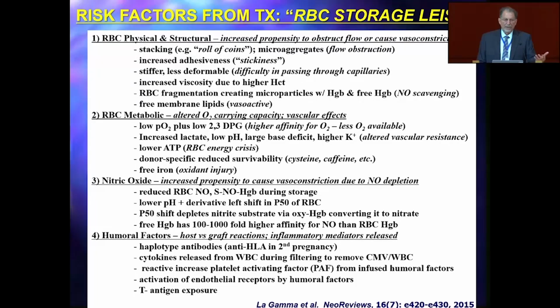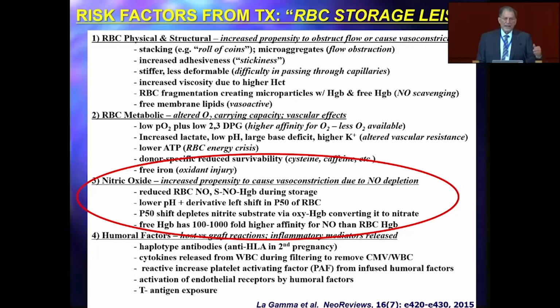And then last, and probably not easy to measure, perhaps not directly contributing, as you store cells, you activate white cells, you activate platelets, you release cytokines, and they're all active, and even things like T antigen at the very bottom. So when we were thinking about transfusions the first week, the second week, the third week, this gut injury transfusion issue was in growing premature babies, less than 1,000 grams, 4 weeks or more after birth, on full enteral feedings, low oxygen cannulas, something like that.